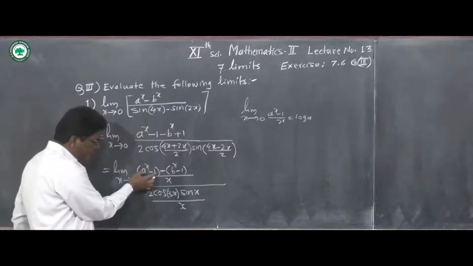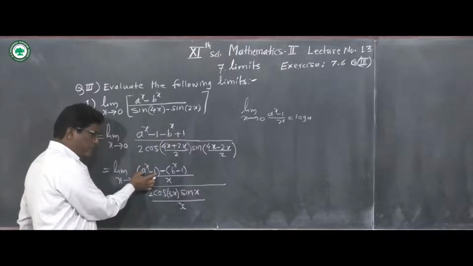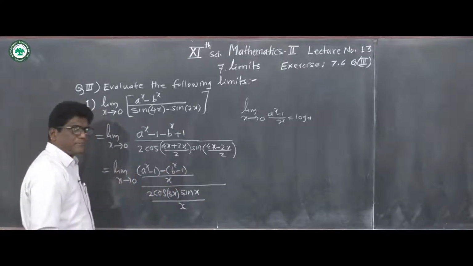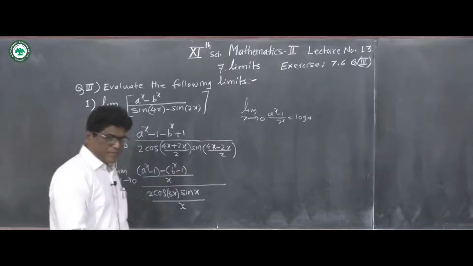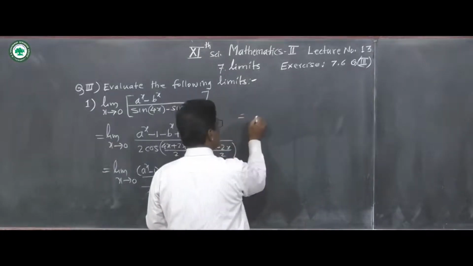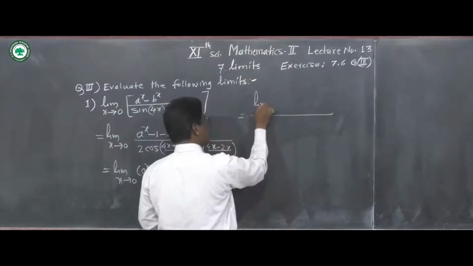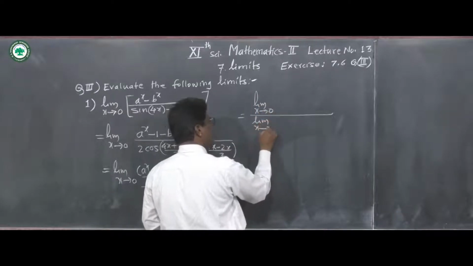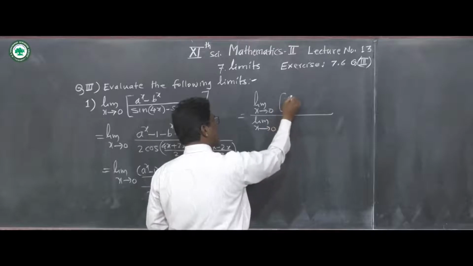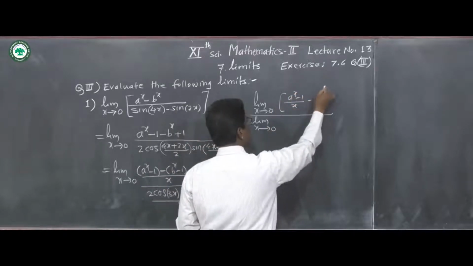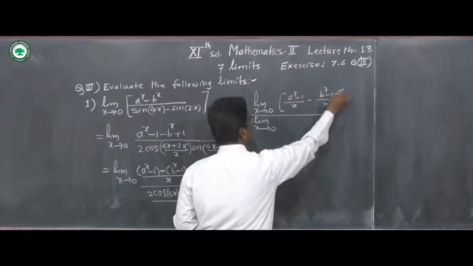In the numerator, divide this a to the power x minus 1 and b to the power x minus 1 by x separately. So we get here limit as x tends to 0. This is equal to limit as x tends to 0. We separate limit to numerator and denominator. And now divide separately a to the power x minus 1 divided by x, and here minus b to the power x minus 1 upon x.